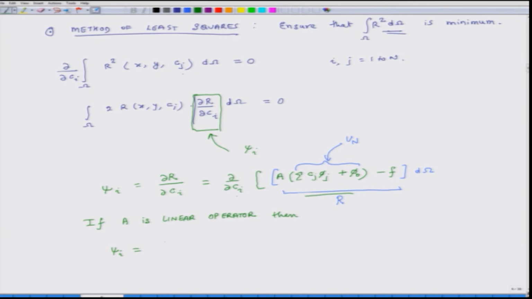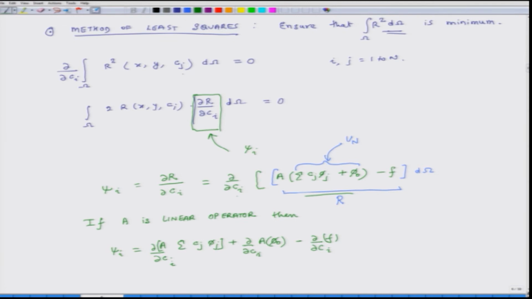So, then psi I equals del over del Cj of A of Cj phi j plus phi naught minus f, and then again I differentiate, del over del, oh I am messing it up, Ci, minus del over del Ci f.